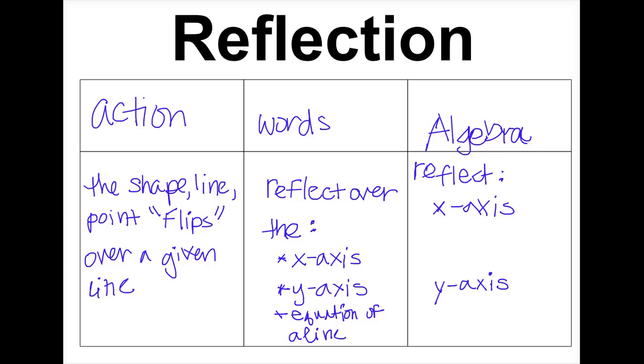So let's change my color here. What's going to happen if it reflects over the x-axis, if you take a look back at all of the times we reflected over the x-axis, what you noticed happening was the x stayed the same and the y became the opposite.